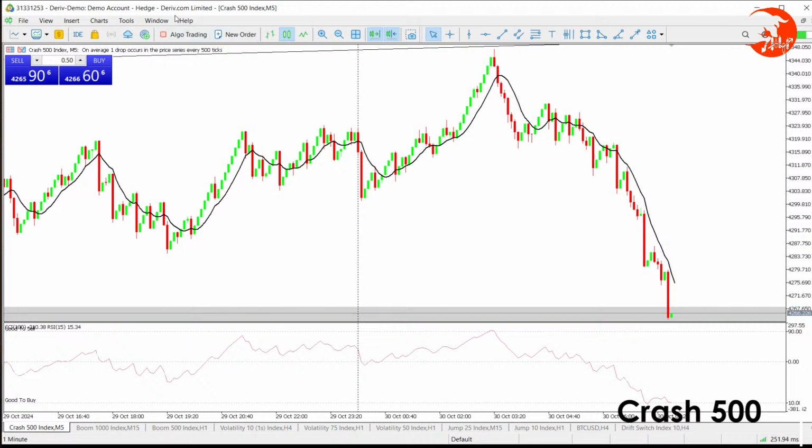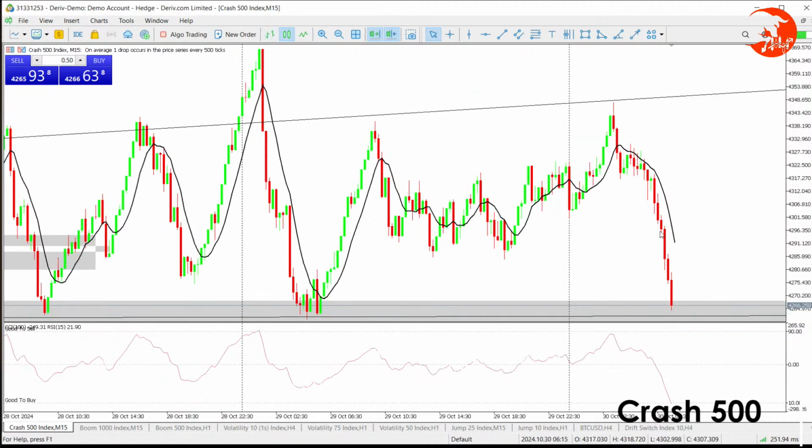On M5 we are almost starting the buys, so we wait for M15 to confirm, then we can make our entries for buys. Most of the times you want to buy when price is above our 10 MA, like here. That's when you want to make your entry for the buy. That's what I always look for in the asset. I hope that is clear.